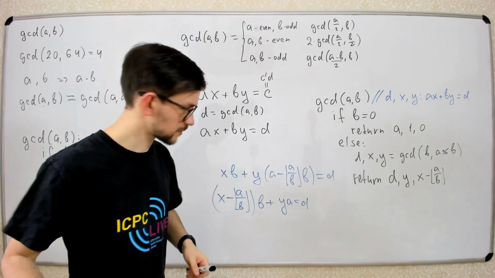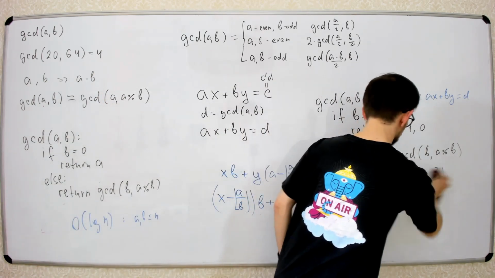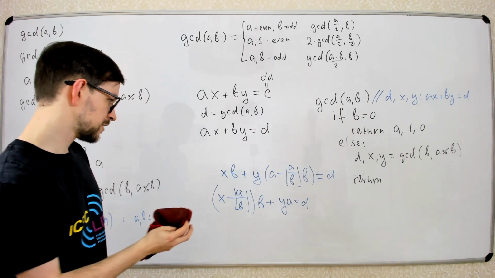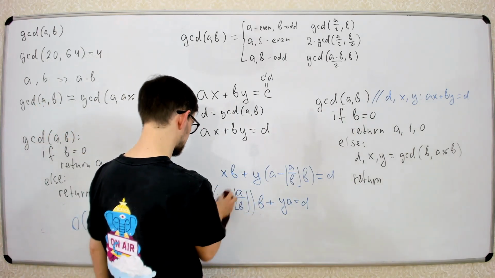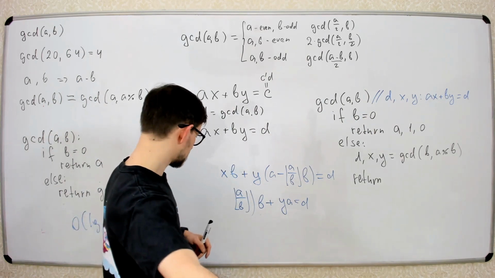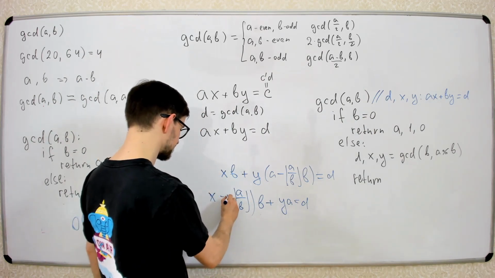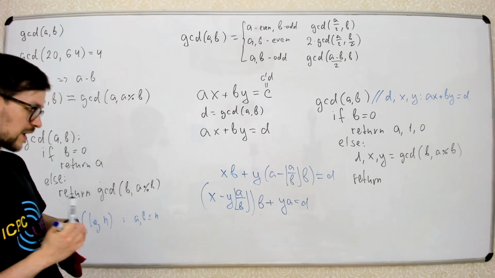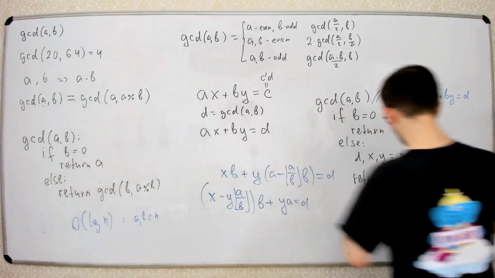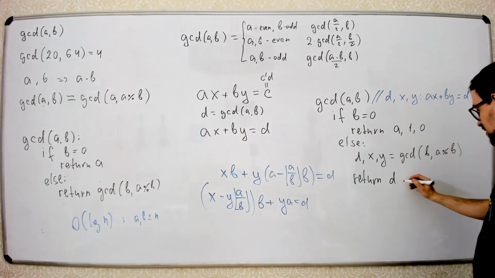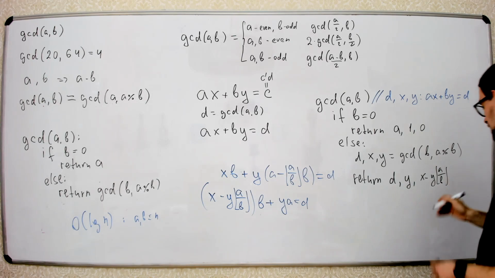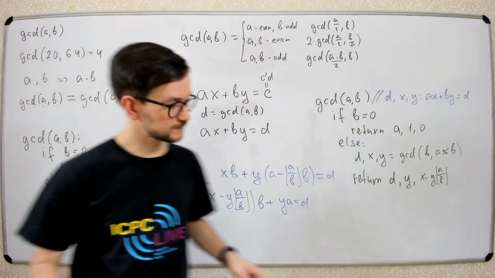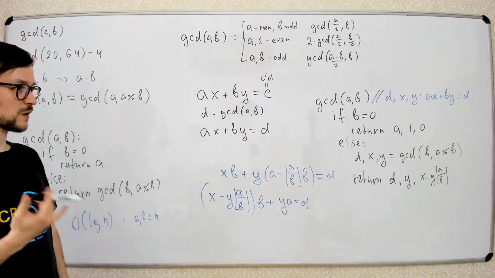I missed this one. Oh, my bad. Okay, let's fix this. Yes, minus 1. Right. Yeah, that was better. It looks suspicious actually. But so y and x minus y a over b. Yeah. That was better.